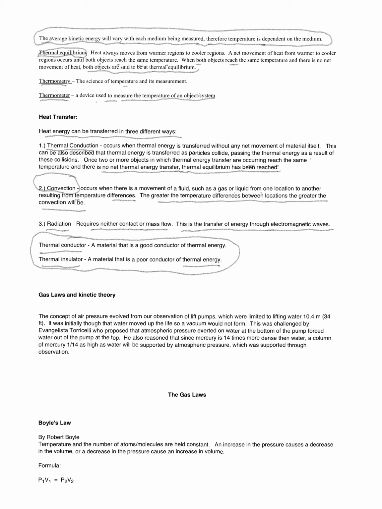If you put your hand on something, let's say metal, and it feels cool, that's because it's pulling the heat away from your hand. Remember, heat moves from warmer to cooler areas, so it's going to move from your hand to the metal, right? And so metals are good conductors. But if you have something that's a thermal insulator, heat doesn't move as quickly from your hand to that object, so it's not going to feel as cold, and it'll act as an insulator.